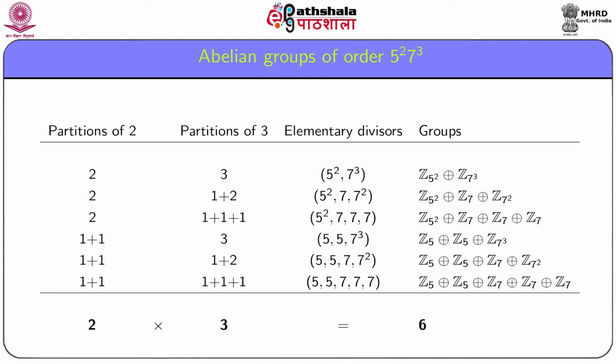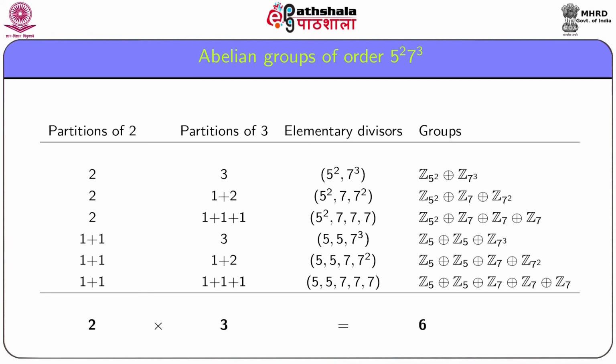So, we are to consider the number of partitions of 2 and the number of partitions of 3. Note that there are only 2 partitions of 2 and 3 partitions of 3. We show that there are exactly 2 into 3, that is 6 non-isomorphic abelian groups of order 5 square into 7 cube.